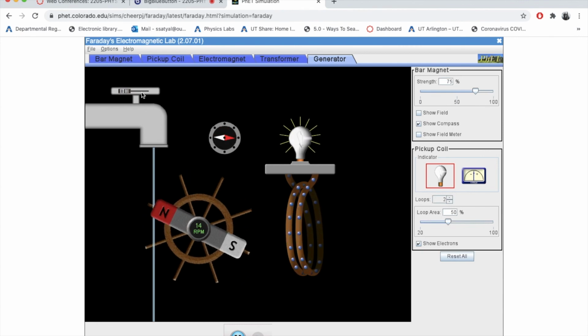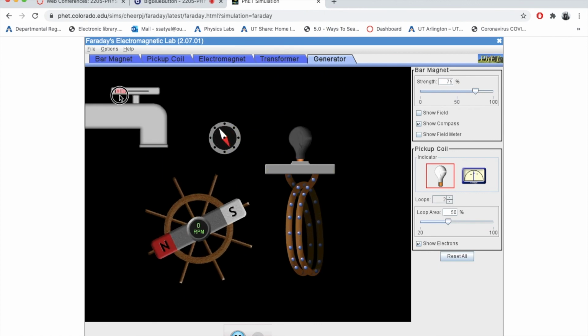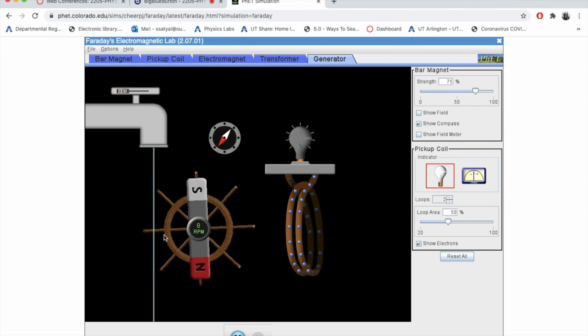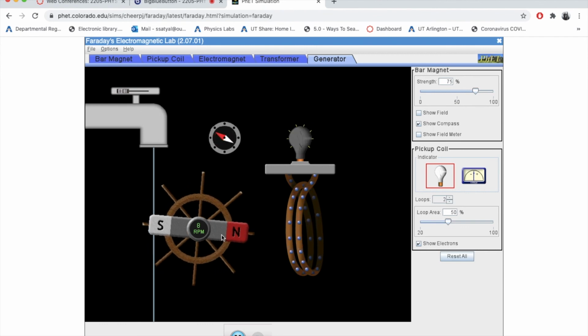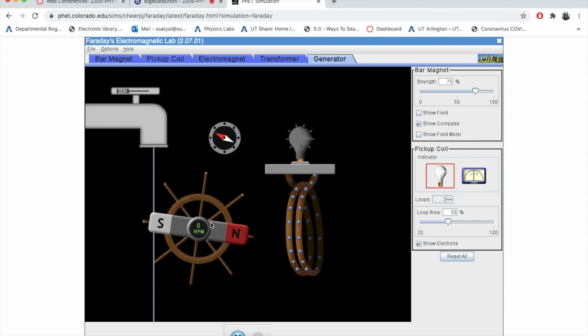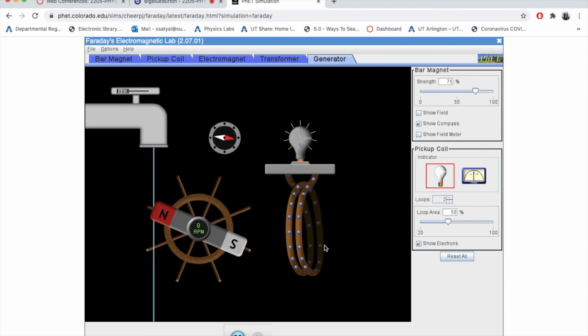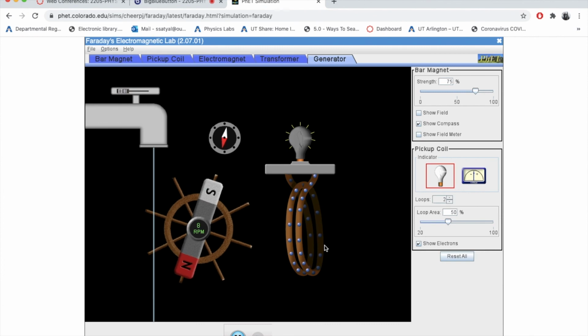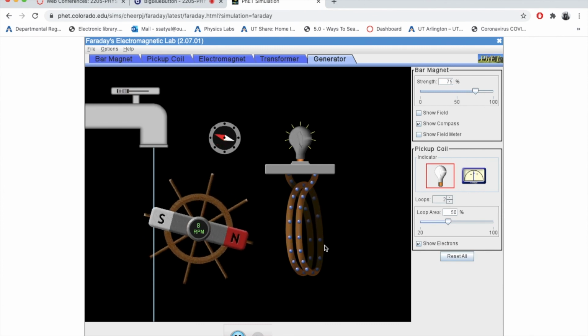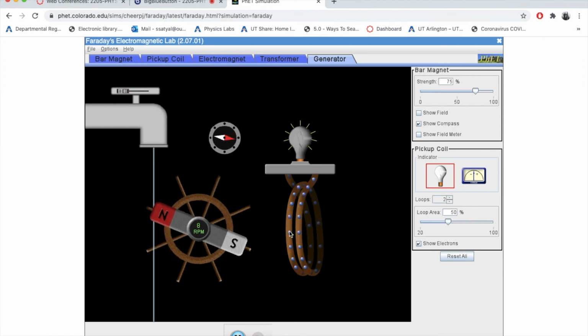When water hits it, we can change the amount of water flowing into it. That determines the rotation of the wheel, and the angular velocity of this wheel determines the angular frequency of the EMF and the current induced in the coil.